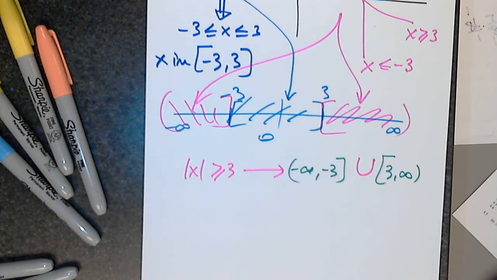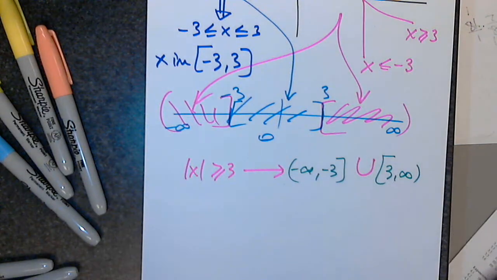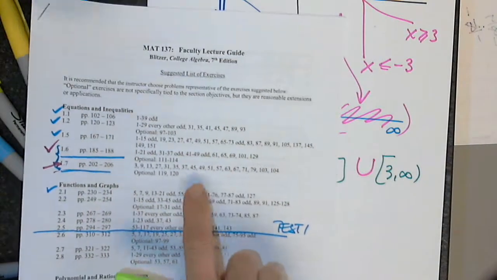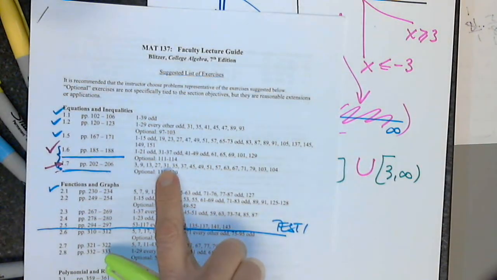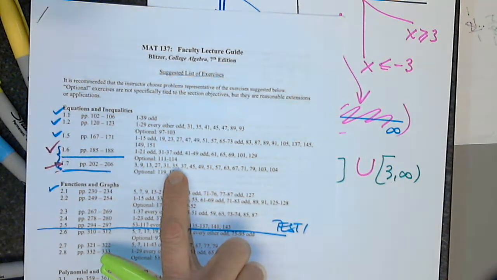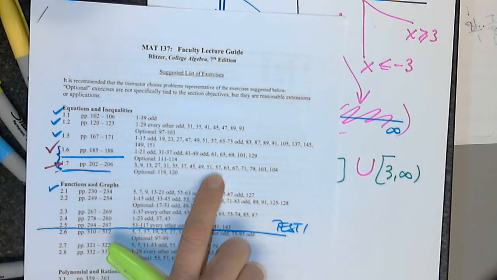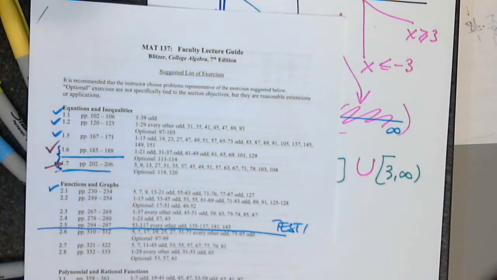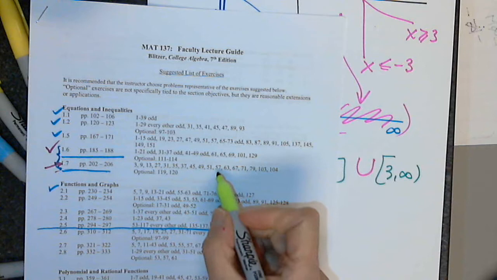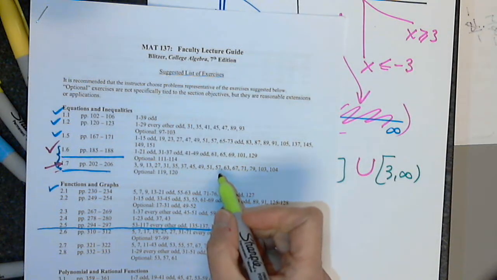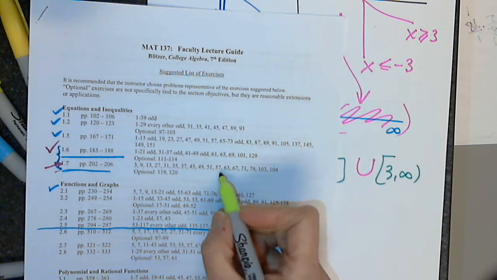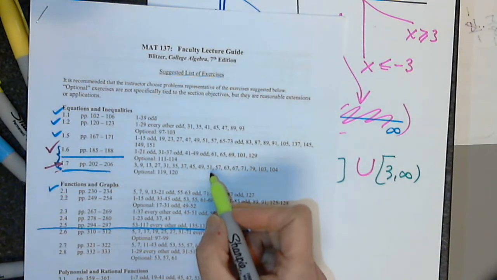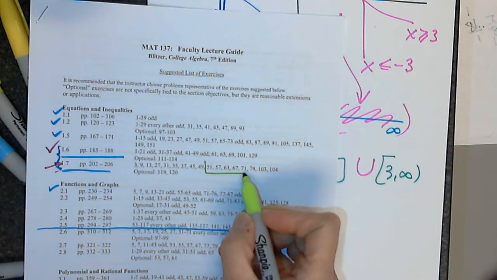And now I would like you to choose anything you want, really. But those problems are between 59 and 79. 57 to, yes, 51, yes. These are the problems.